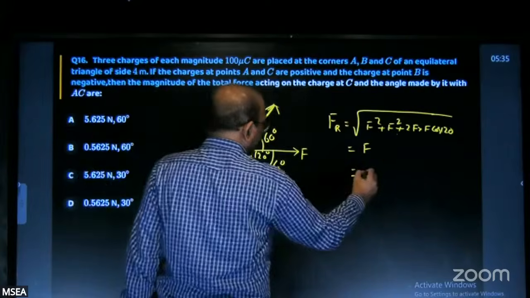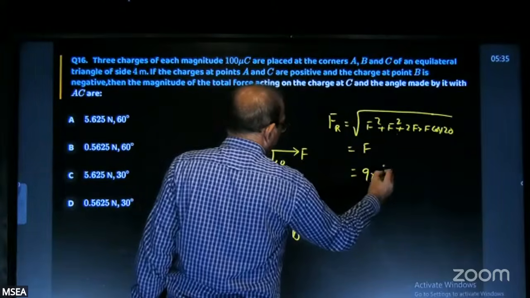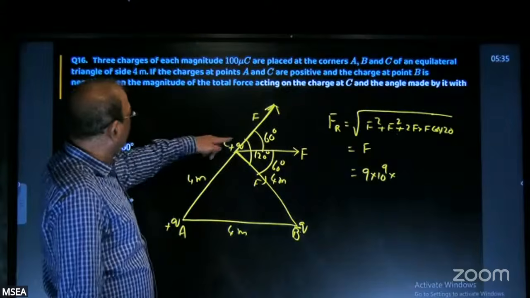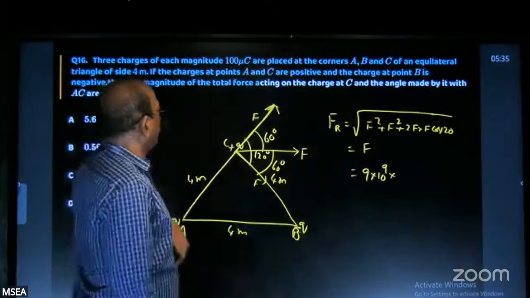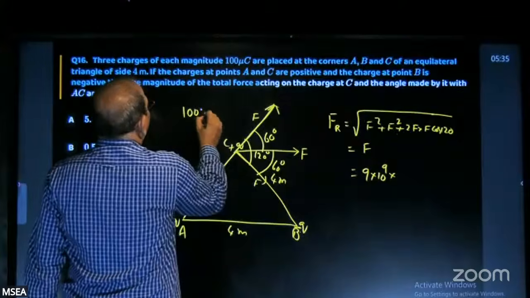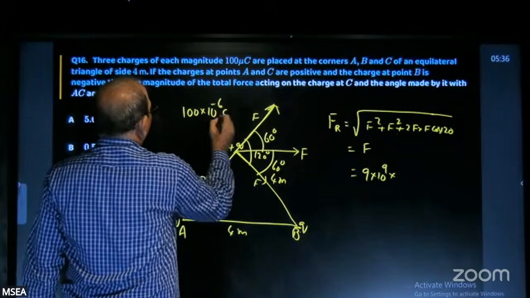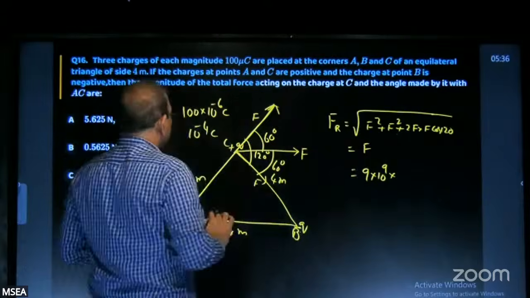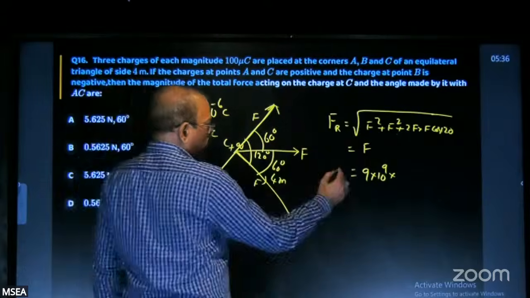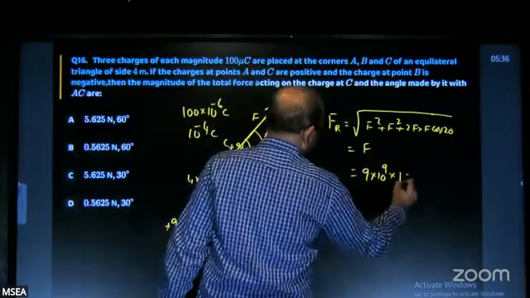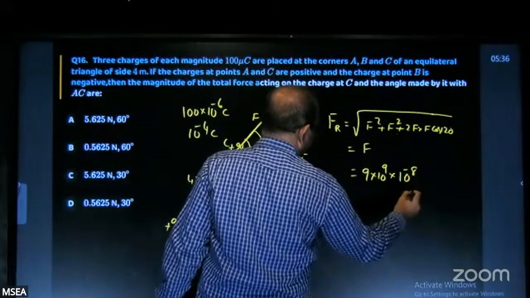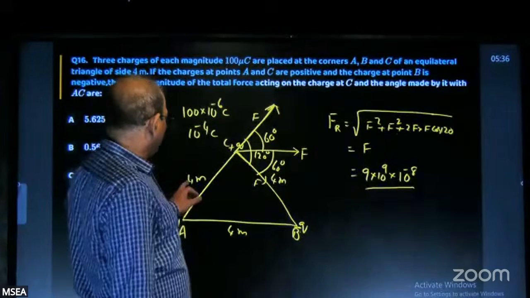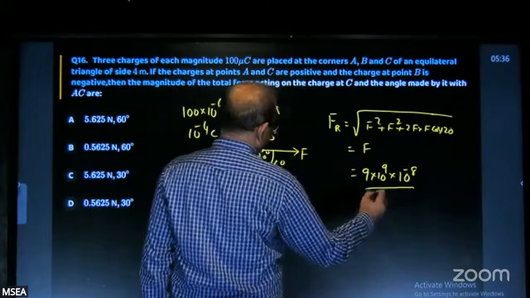So find it: 1 by 4 pi epsilon naught, 9 into 10 power 9, into Q1, Q2, this charge into this charge. 100 microcoulomb means 10 to the power of minus 4. Q1 is 10 power minus 4, Q2 is also 10 power minus 4. 10 power minus 4 into 10 power minus 4, I will get 10 power minus 8, by r square, 4 square, 16.